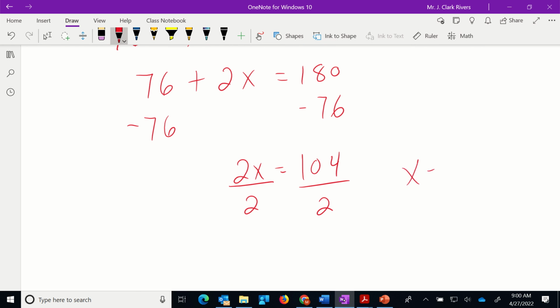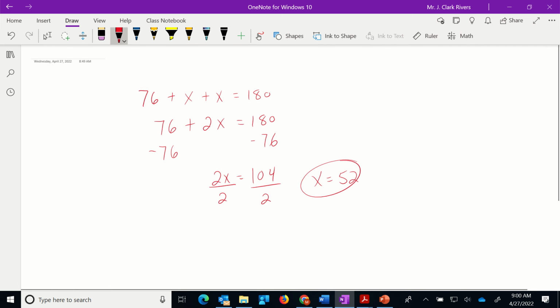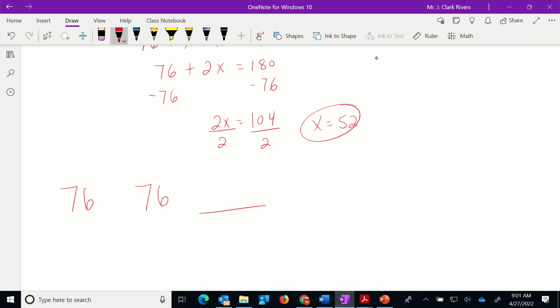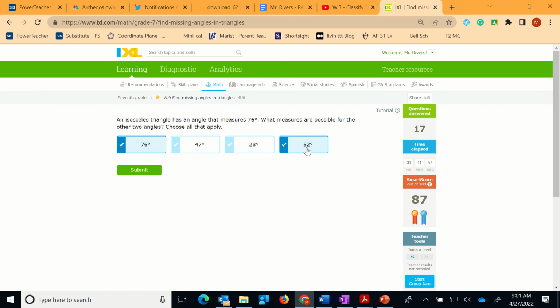And so we get x equals 104 divided by 2 is 52. So this isosceles triangle might be 76, 76, and then something else. We weren't asked to find it, but we could. Or the options are 76, 52, 52. Okay, so 52 and 76.